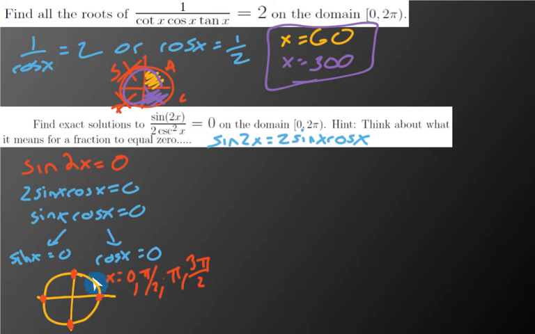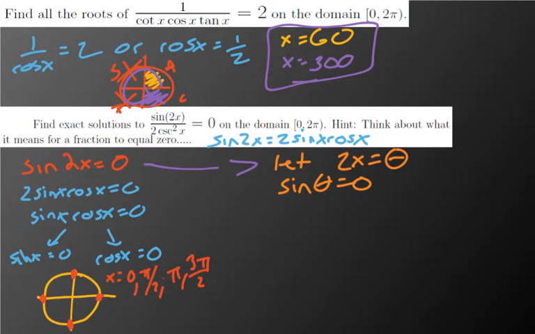So this is one way to do it, but I want to show you another way. We also had this idea where we can do the substitutions thing, where we're going to let 2x be some sort of placeholder like theta, and then we're going to solve sine of theta equals 0, right? So sine of theta equals 0 happens, if you think of the circle, at 0, or it can happen at pi. Again, it's just where y value equals 0.